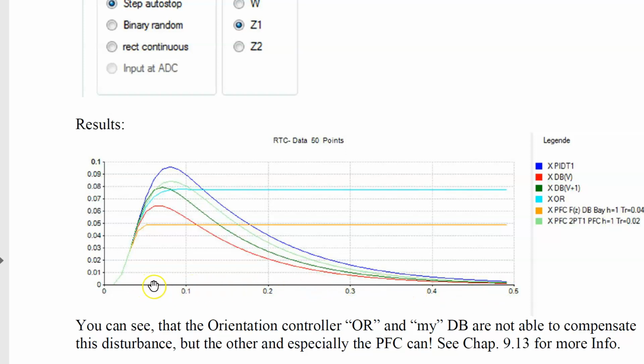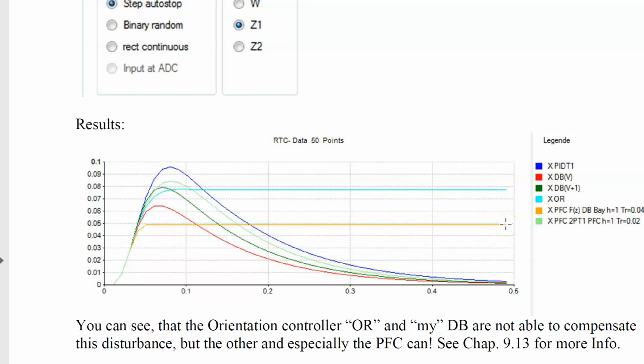The desired value is 0. You see the blue curve, the PID, can do this. The red curve, the classical deadbeat, can do this. The classical deadbeat nu+1 can do this also, but it's a little bit slower.